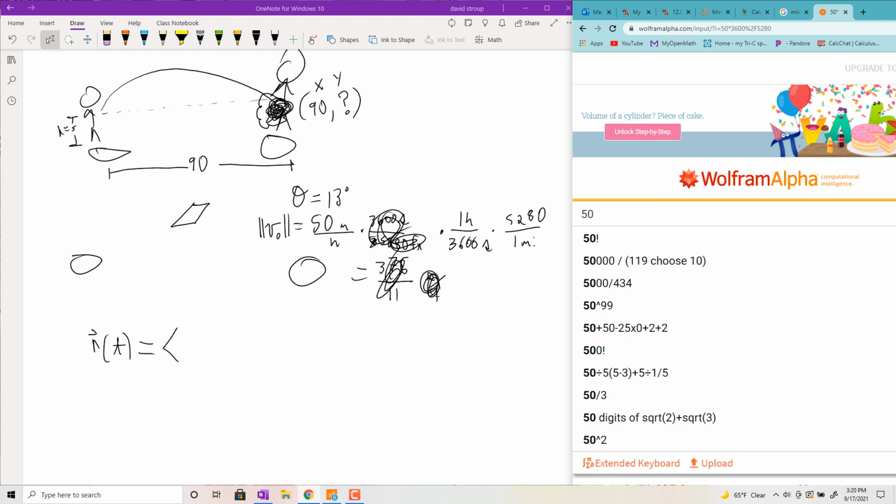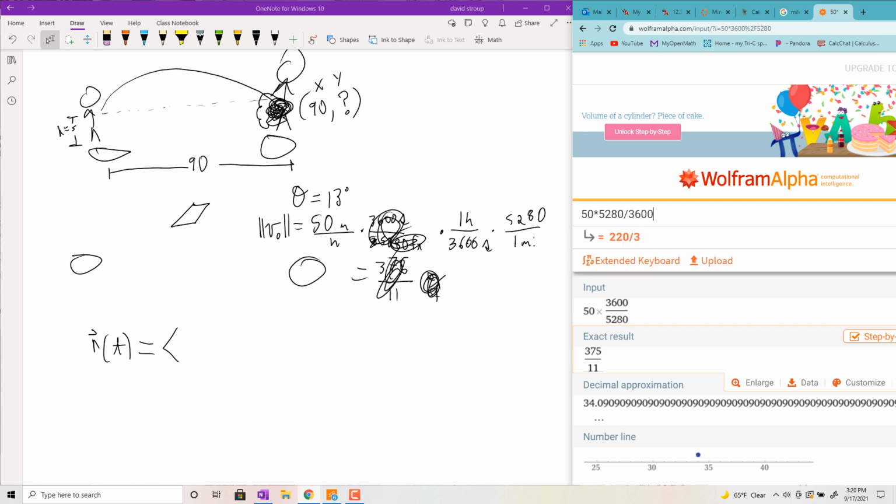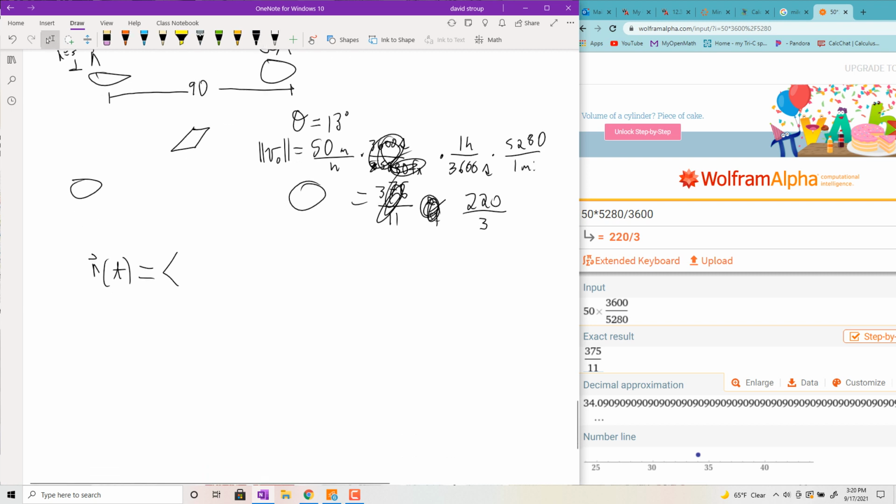Let's go ahead and rewrite that. So 50 times 5280 divided by 3600 is 220 over 3. Okay, that's a mess. I have 220 all over 3 times cosine of the angle, 13, and all of this is times t, comma, basically the same thing but with g, because we're in feet per second, g is going to be 32 this time.